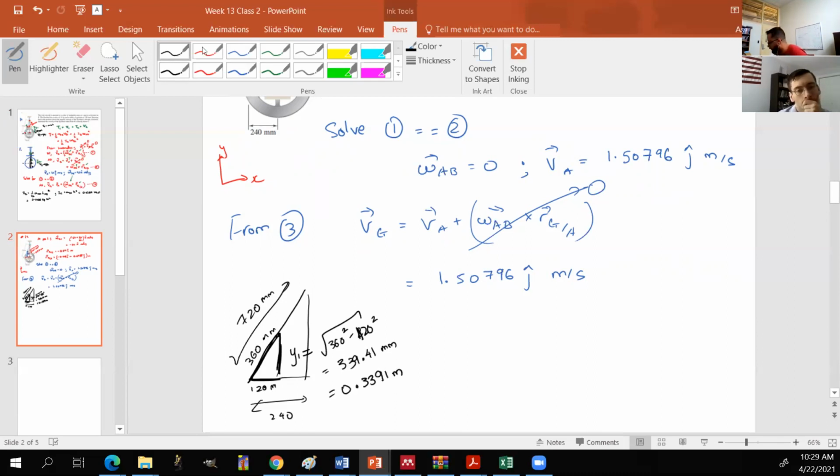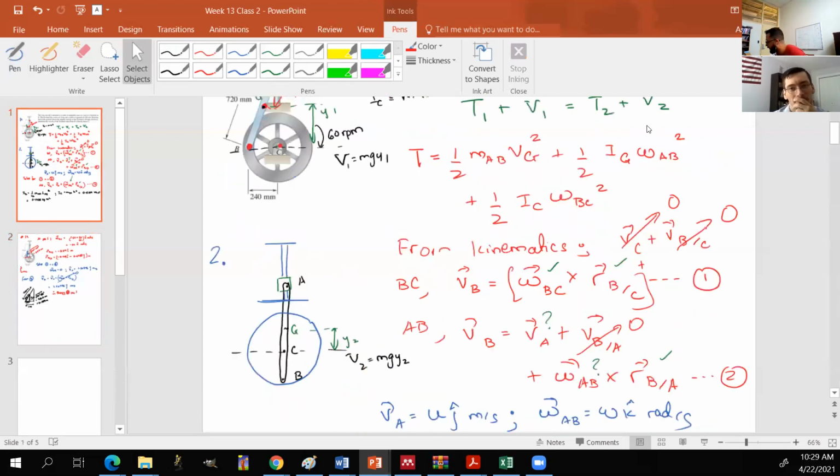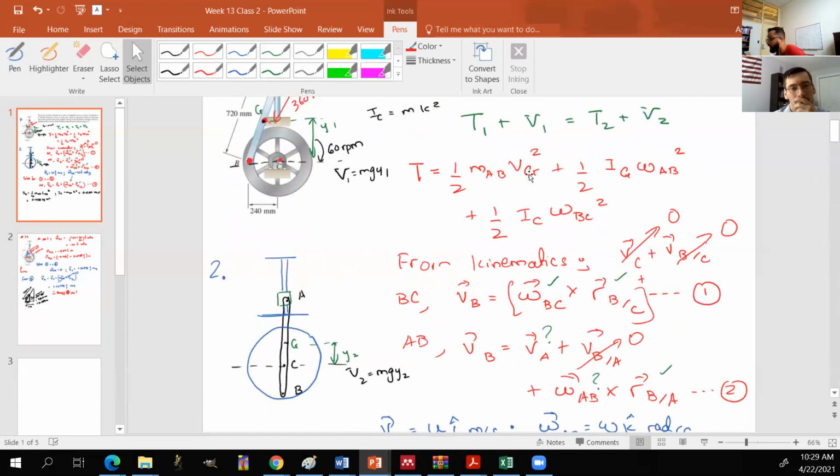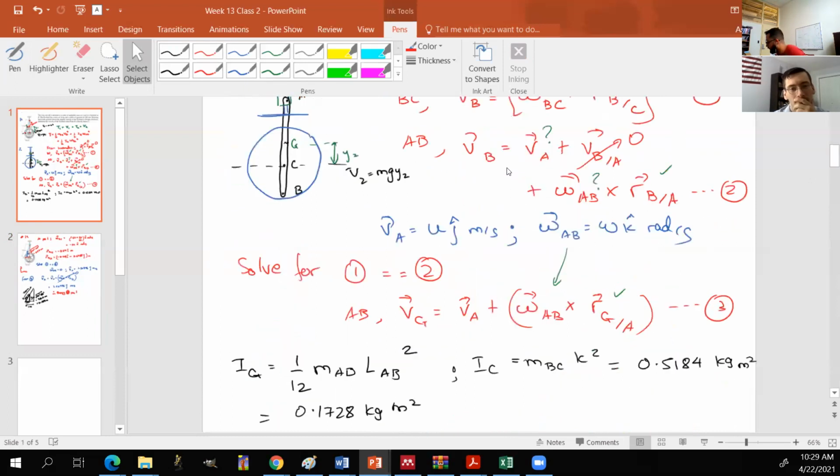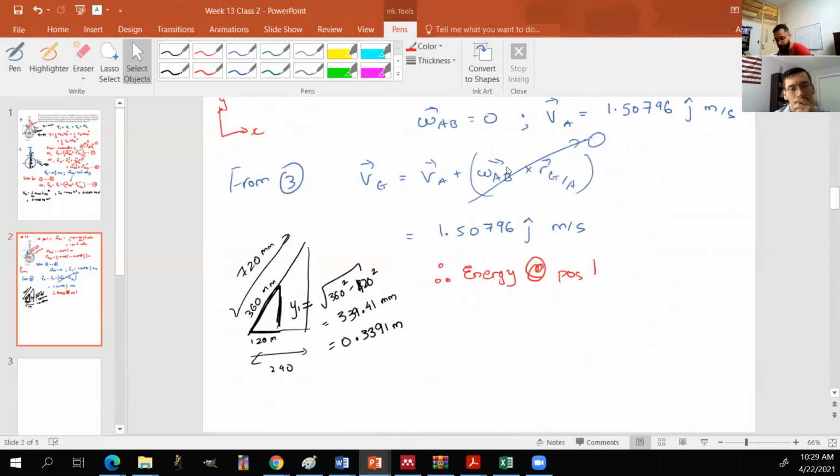So now we're ready. Avengers assemble. Energy at position 1. I'm going to write out my kinetic energy first, which is this term over here. The energy at position 1 is going to equal the kinetic energy, which is half times m for the rod, which is 4, times Vg squared for the rod.